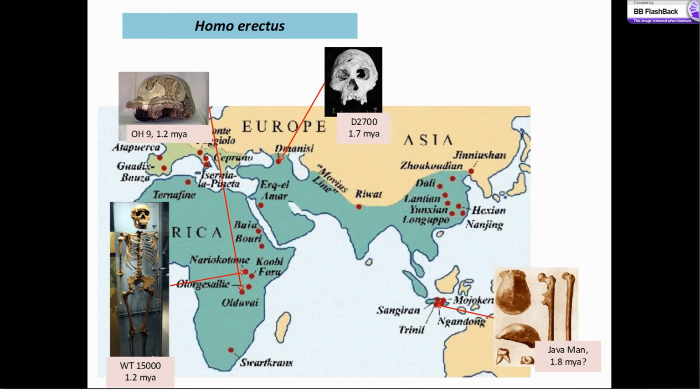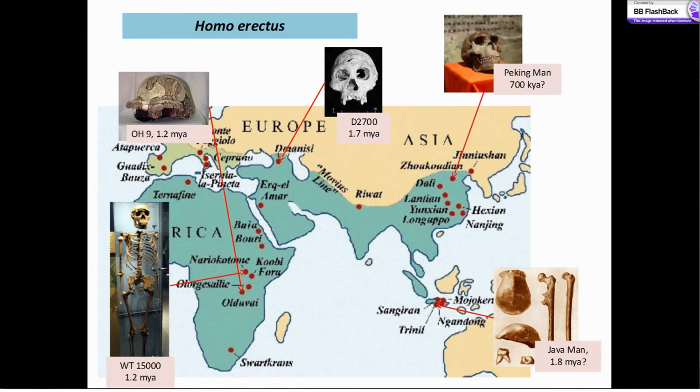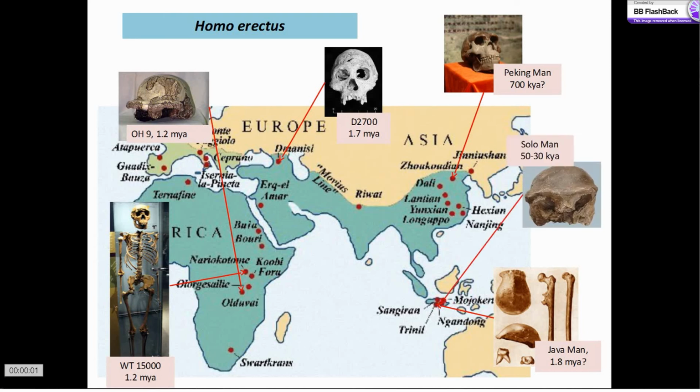But where we think they actually evolved in Africa, or where one consensus holds they evolved, we don't start really finding erectus until 1.2 million years. And we know Peking Man was hanging out around 700,000 years ago in China. And then we have really recent specimens, 50 to 30,000 years old in Java, like Solo Man here.